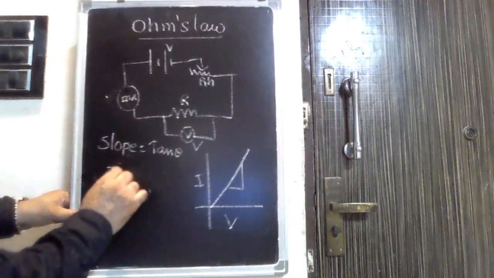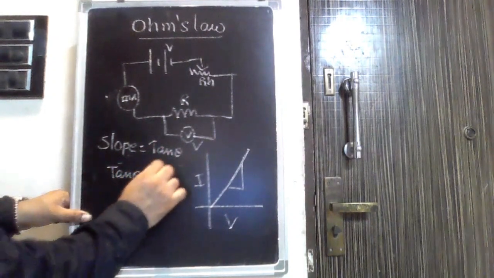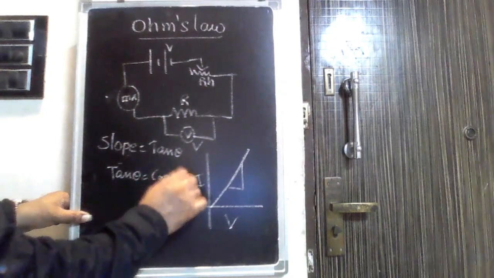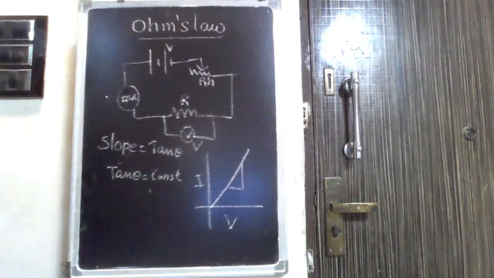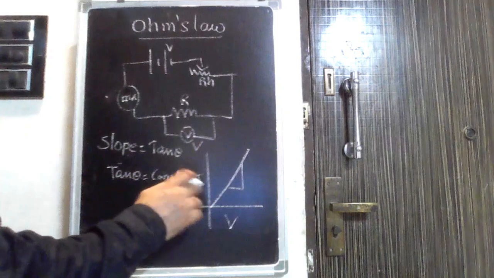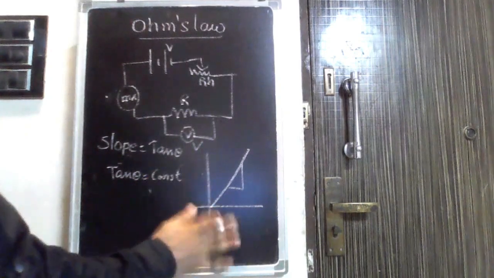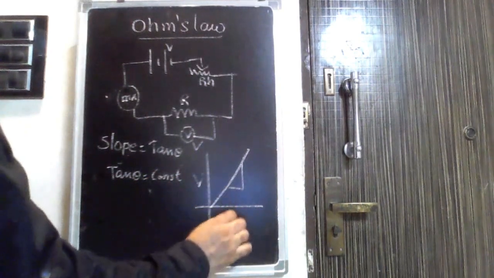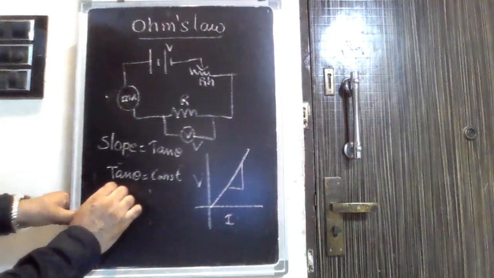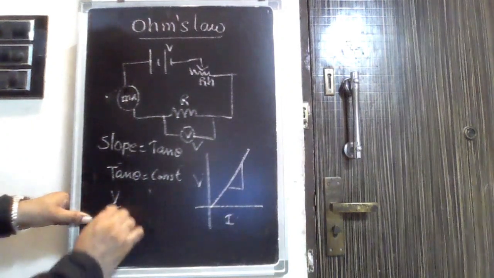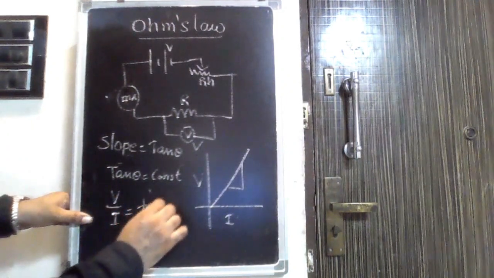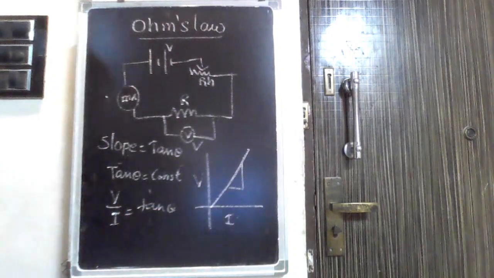And the tan theta here will be a constant. So he said the slope of the graph is always a constant. If this is V and this is I, then the tan theta value will be V by I. So this is what he found out, that the slope is always constant.